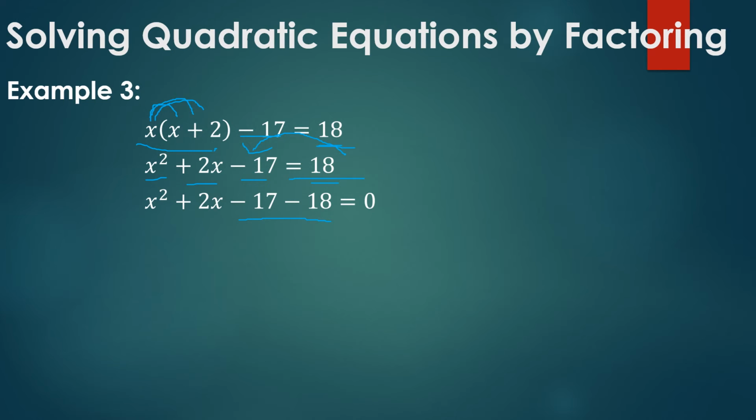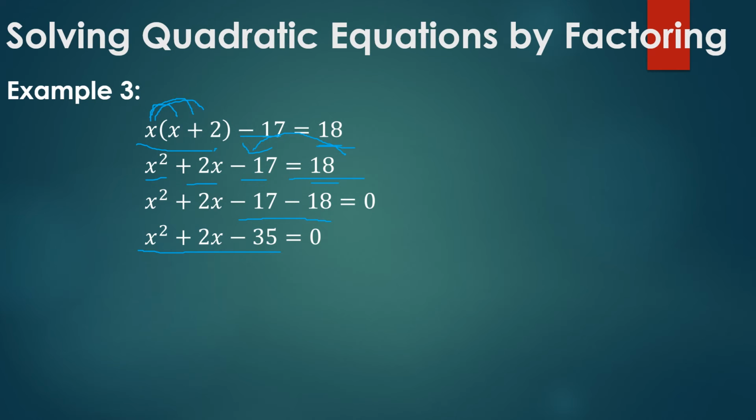Okay, adding negative 17 by negative 18, we have x squared plus 2x minus 35 is equal to 0. Now, we can proceed on factoring. What is the factored form of x squared plus 2x minus 35? Again, I will leave to you how to factor that.